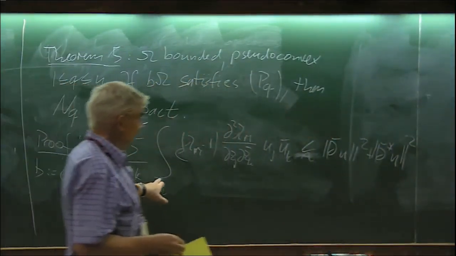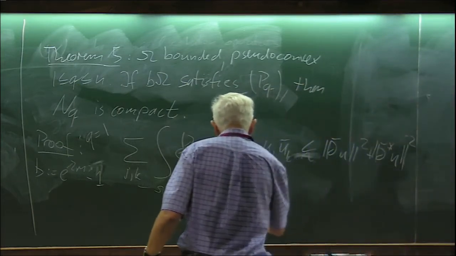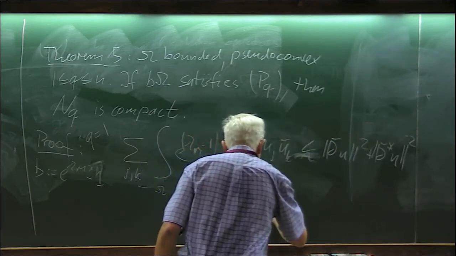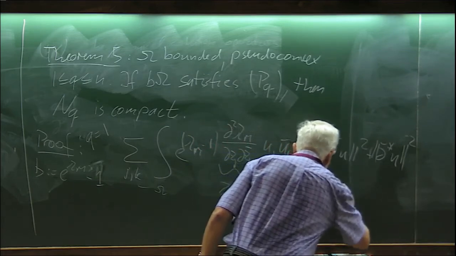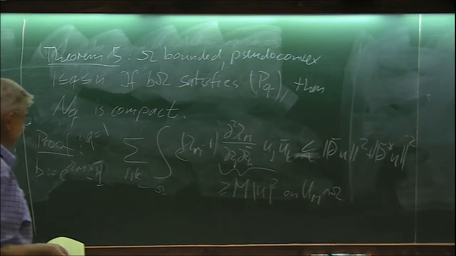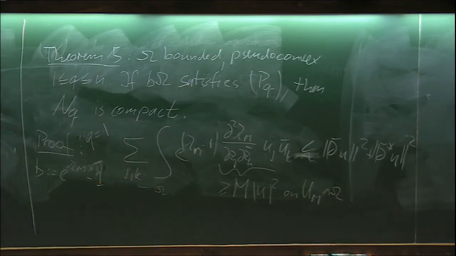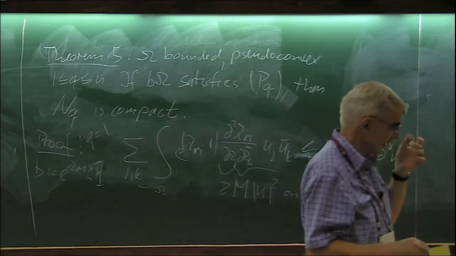Now, if I look at this integral just on the part of the support intersecting omega, then this thing is going to dominate m times u squared. The rest is compactly supported terms, and those are benign because, again, this is on the handout.